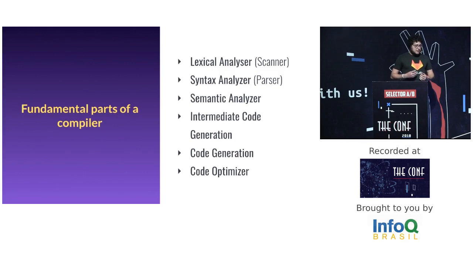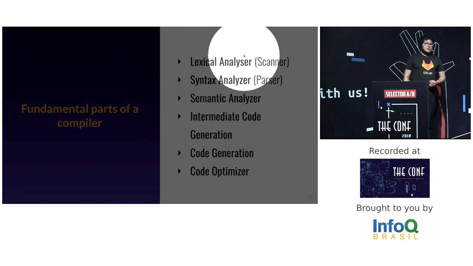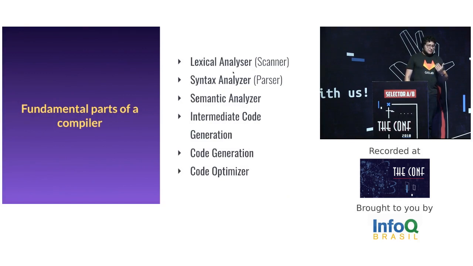A compiler has some fundamental parts. We can start by looking at the lexical analyzer, which is usually the scanner. This is the part of the compiler that actually reads the source code and does the initial transformation. After that, we have the syntax analyzer, which is usually implemented in the same part of the code.